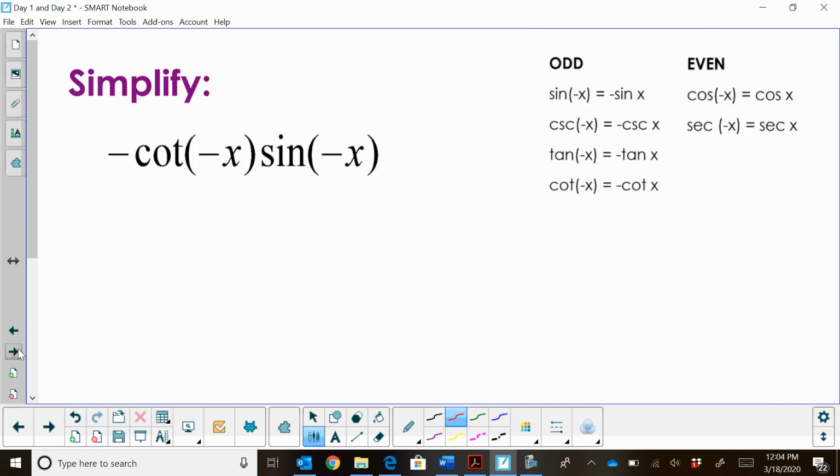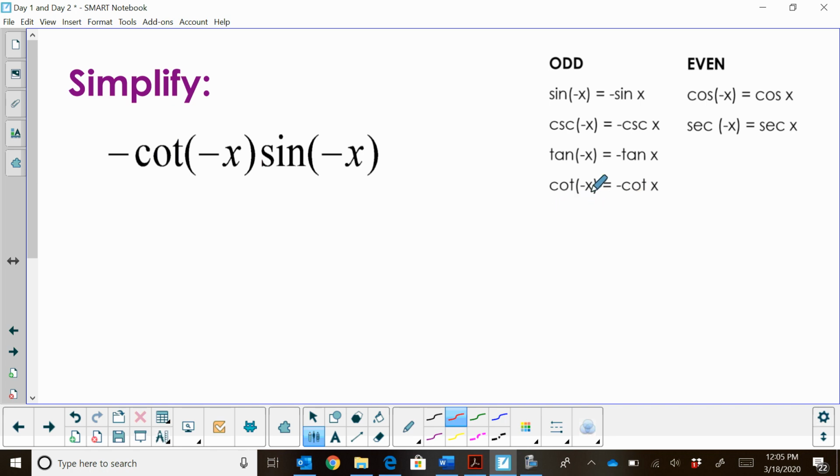Now let's look at some odd even ones. So what are odd evens going to look like? This is what they're going to look like. So let's say you have a negative cotangent of negative x times a sine of negative x. So you got to use your odd even identities. So this is another set of identities you can now use to simplify. Well, cotangent is an odd function.